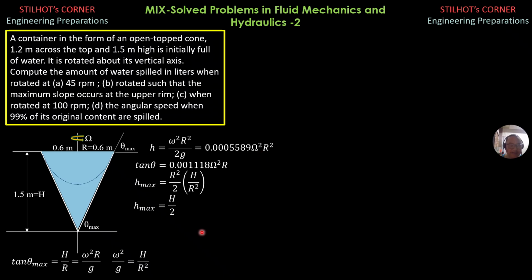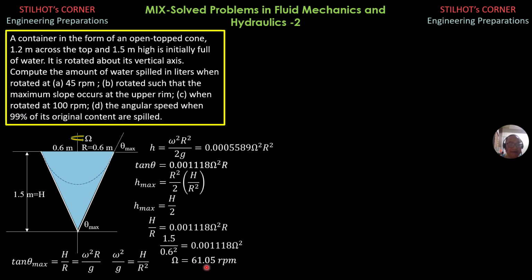Then you may substitute it here to define omega. You can also define it from tangent theta max, which is H over R, or 0.001118 omega square R. So from there, H is 1.5 over R, 0.6 square, equals 0.001118 omega square. So omega corresponding to tangency, the point of tangency at the upper rim, is 61.05 rpm.